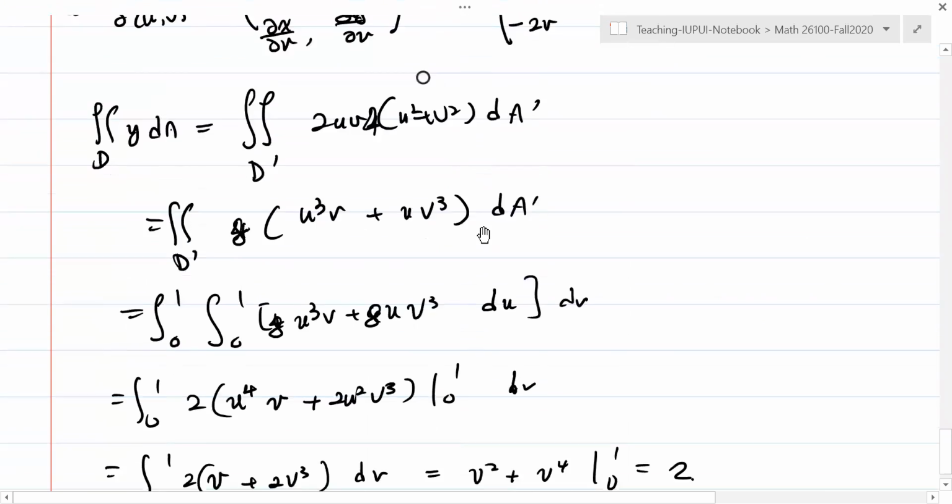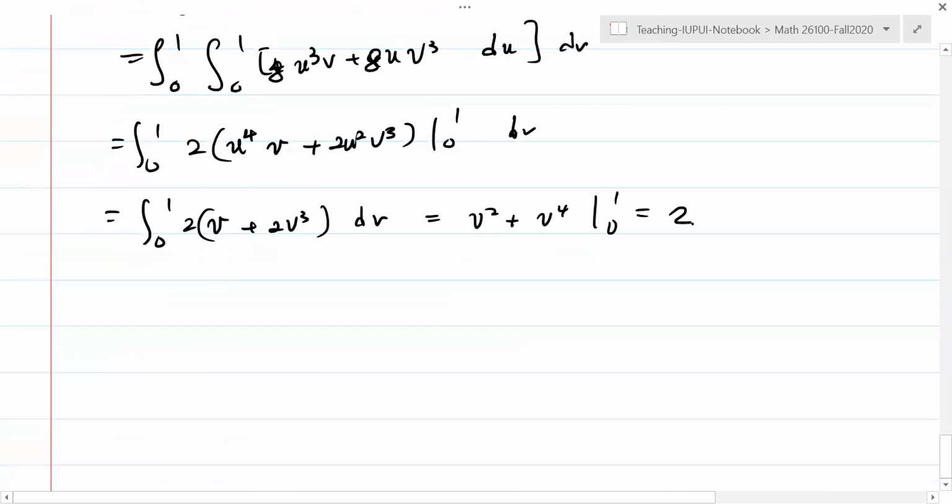The next problem, we have to find the transformation. This is a problem from number 24. It's a typical problem. So evaluate the double integral of x plus y times e to the x squared minus y squared dA. Now, what is R?